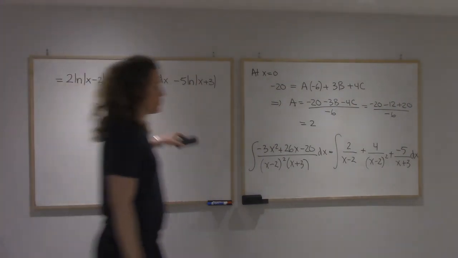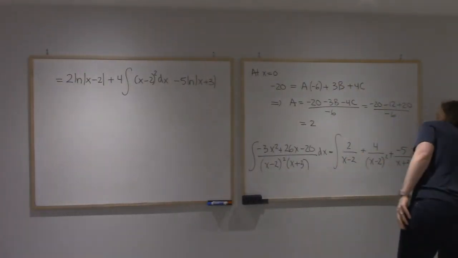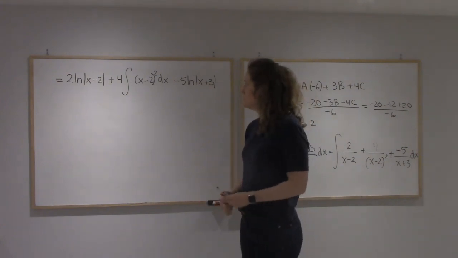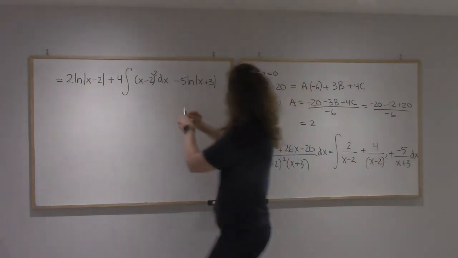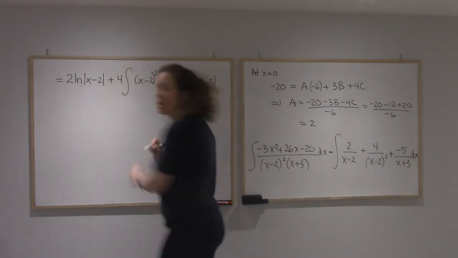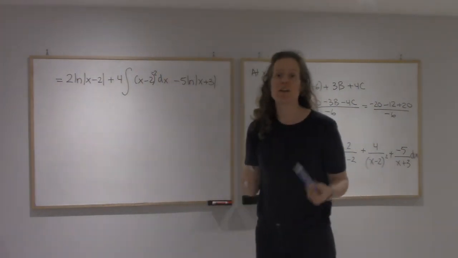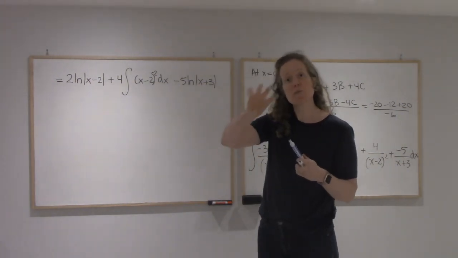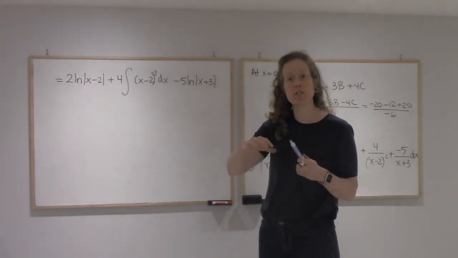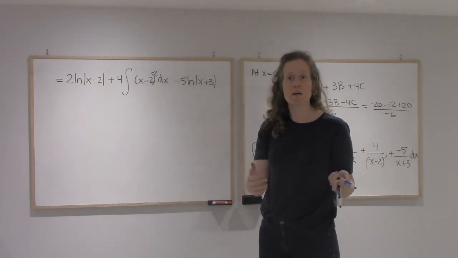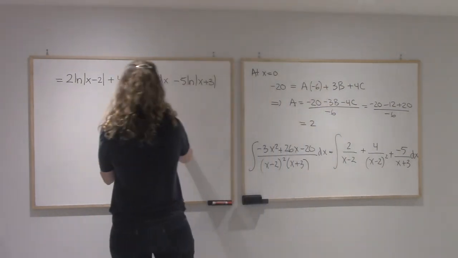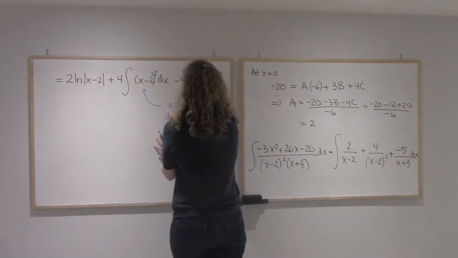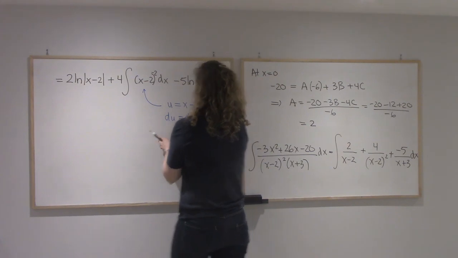What would you do with this one? It looks almost, oh sorry, that's minus 2. It looks almost like a power rule. It's just that the interior is a bit more complicated. So as soon as you see something a bit more complicated inside a function, you should think substitution. So here I'm going to take u is x minus 2, du is dx.